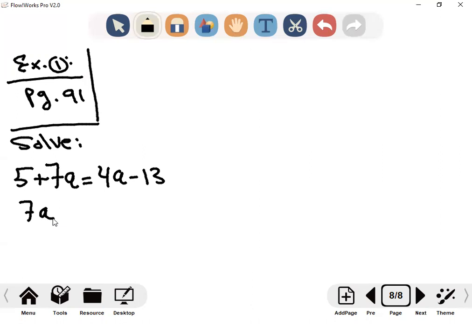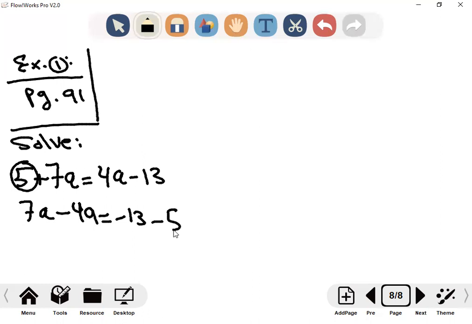Don't change its sign. Why? I didn't transfer it from side to side, it's on the same side. But what will I bring for it? The 4a. The 4a is positive. Now the equal sign, it stays, and don't forget the 30 is negative.